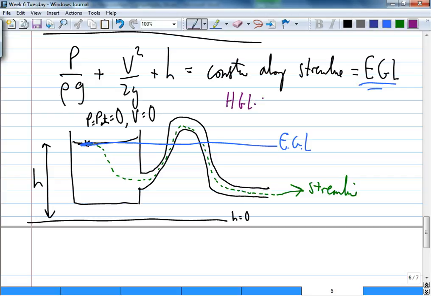HGL is equal to P over rho G plus H. Only the static part. Alright? So initially, if V is 0, this one is also here, the same spot, also here at the top. Is that okay? Alright? So far?